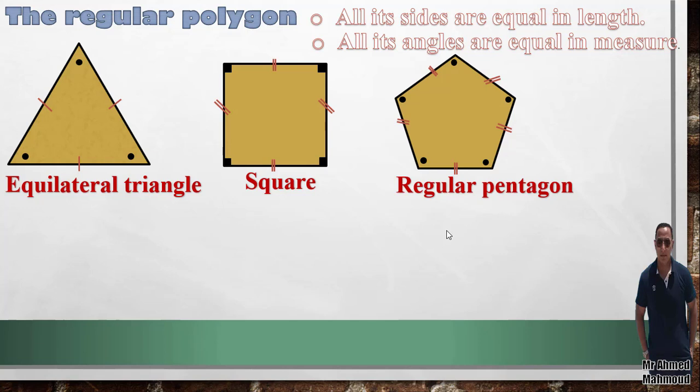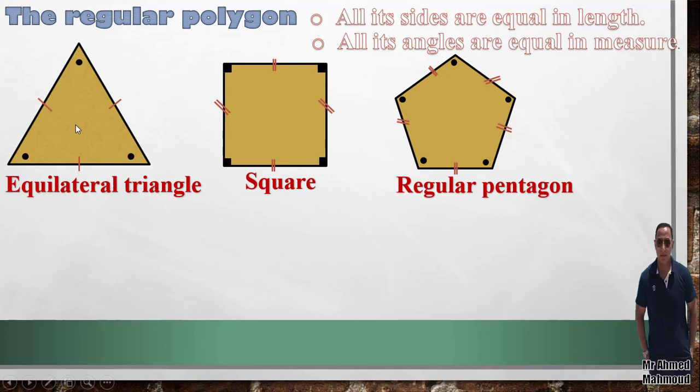Okay, now by looking at these, you see that all angles inside each one are equal. Here the 3 angles are equal, here the 4 angles are equal, here the 5 angles are equal. So if I know the sum, I can divide the sum by the number of sides. It gives me the measure of each angle.